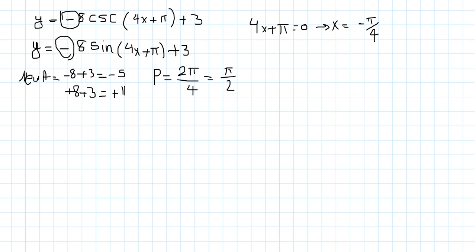It is the shift on the x-axis, and it is my start point. I start with this point and finish at minus pi over 4 plus the period pi over 2, which is pi over 4. So my graph starts from minus pi over 4 and finishes on pi over 4. Let's draw it.